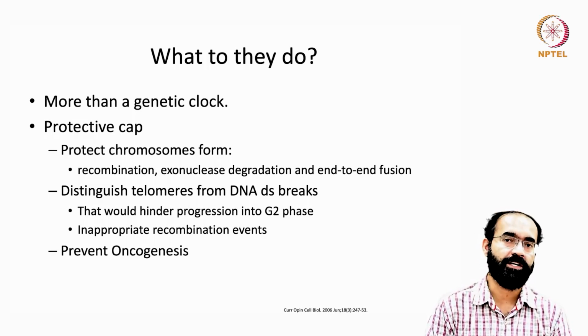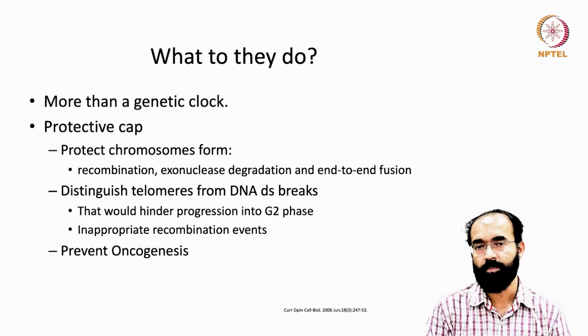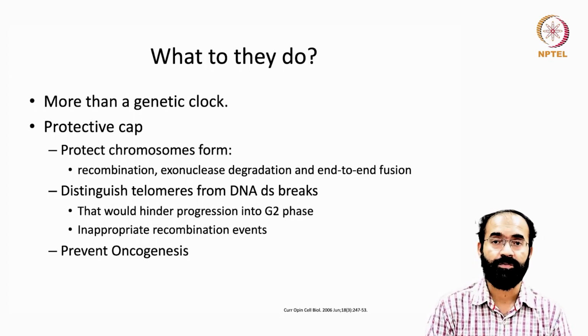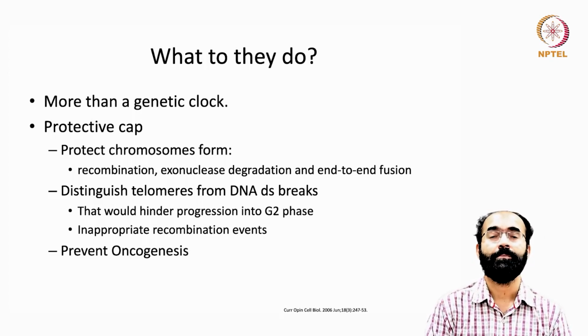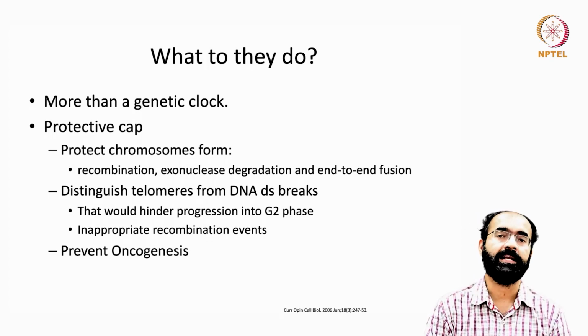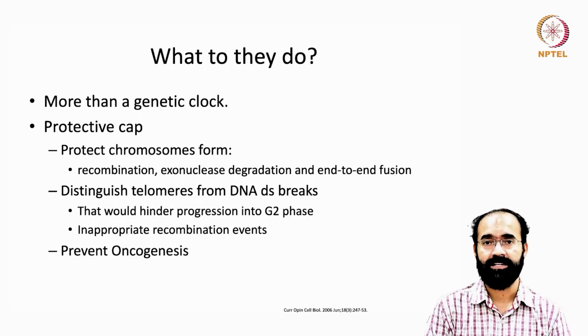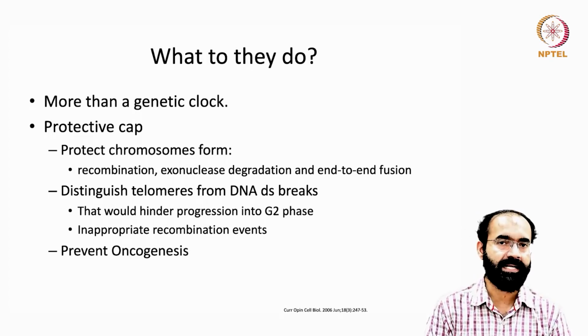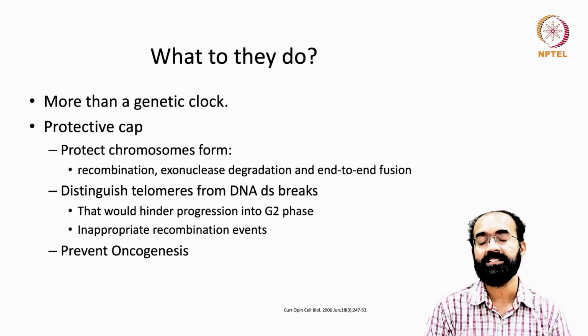Oncogenesis is the formation of cancer, spontaneous formation of a transformed cell. Transformed cell means a misbehaving cell that does not follow the rules present in an organism, and that can give rise to cancer. Normally your immune system detects it, normally your apoptotic pathway comes into action, but cancer cells are smart.